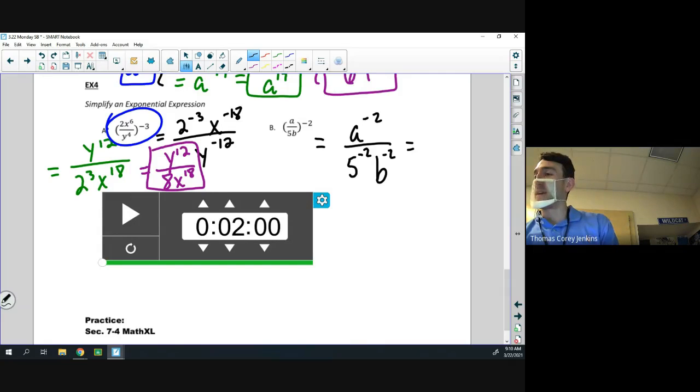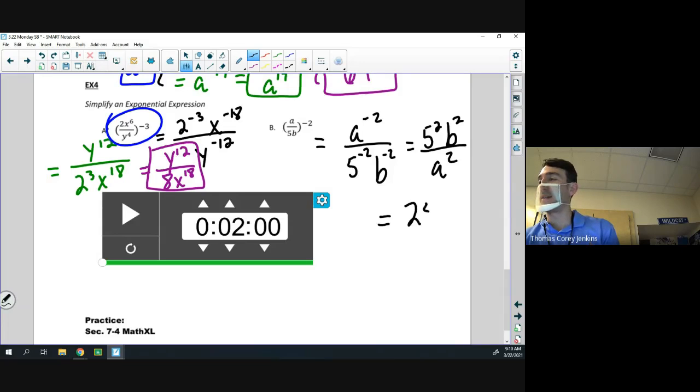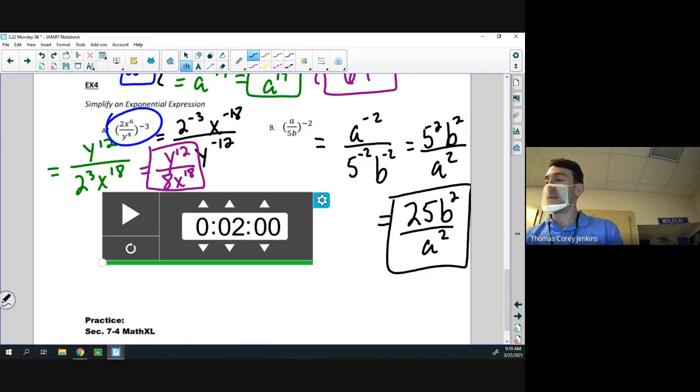So we'd want to get rid of our negative exponents, which would go like that. And then all we have to do is figure out what 5 squared is. All right. I don't really know how to explain it other than that.